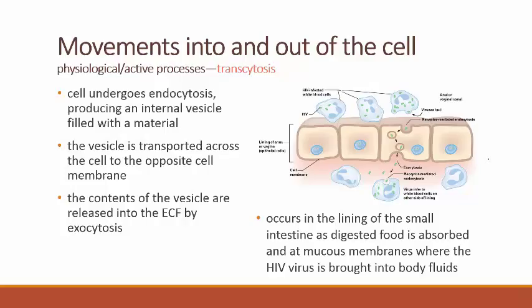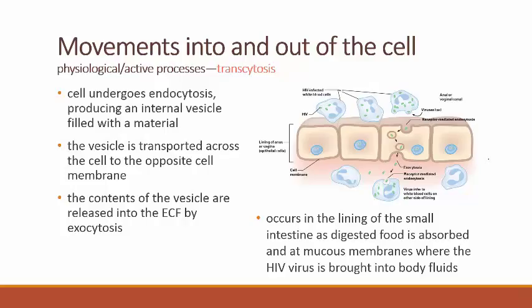Okay, so with transcytosis, this is a means of pushing a material directly across a single or a very thin layer of cells and moving it from the lumen, or from the opening of, say, the digestive tract or the lining of the anus or the vaginal canal, we can move materials directly across that lining and into the body.